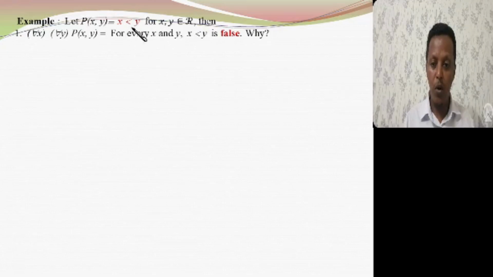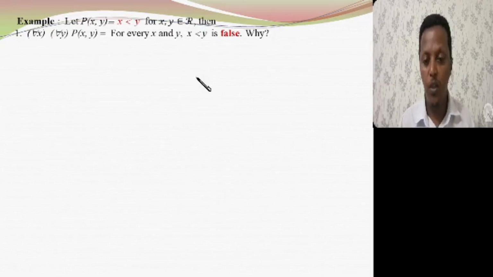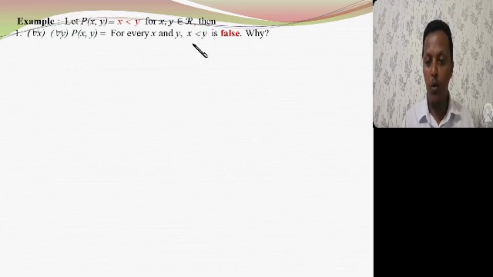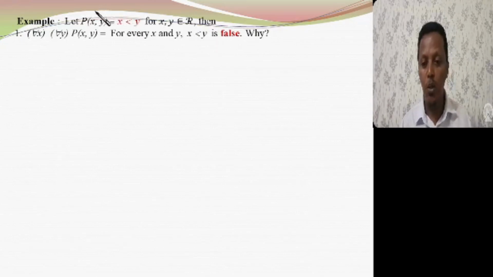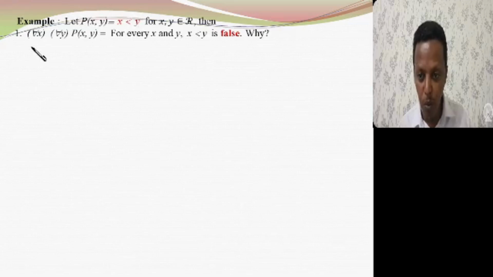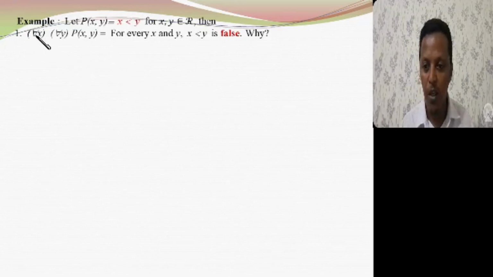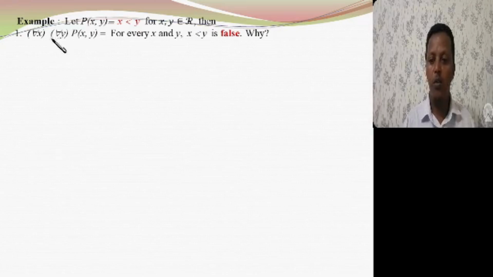So this inequality doesn't work for every x, y you choose from the set of real numbers. So for all x, for all y, P of xy is false. That means we convert this open statement into a false statement by attaching the universal quantifiers twice.